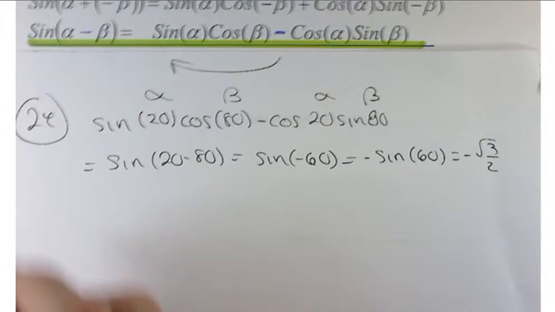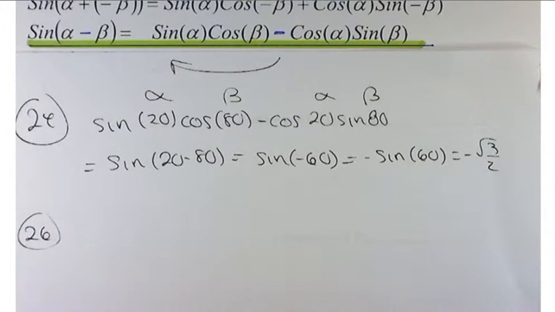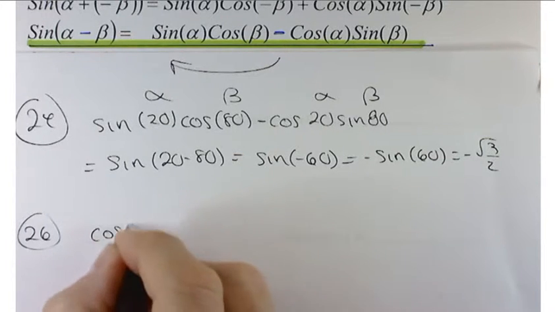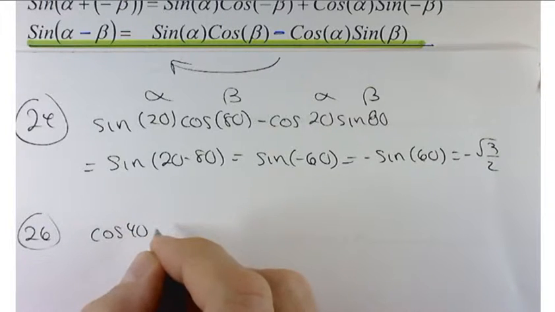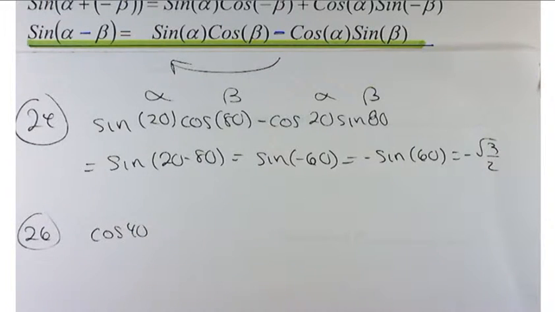So let's try a similar one. Problem number 26. Were there any questions or thoughts on problem number 24 before we move on to 26? Yeah, it lined up pretty nice.